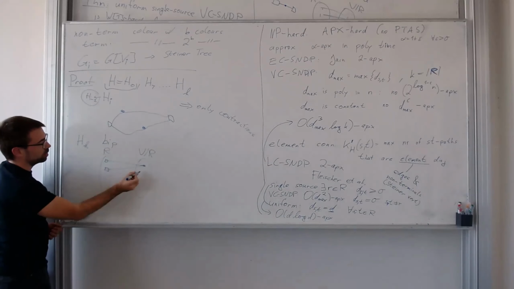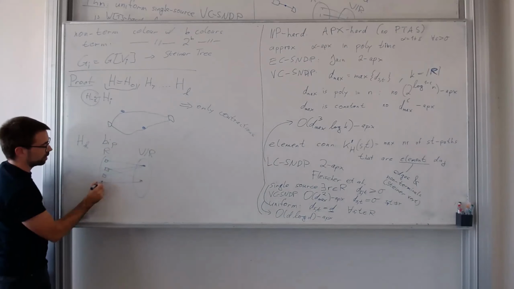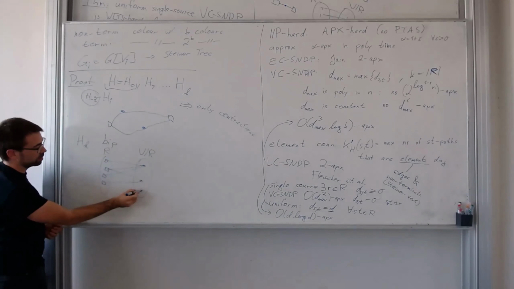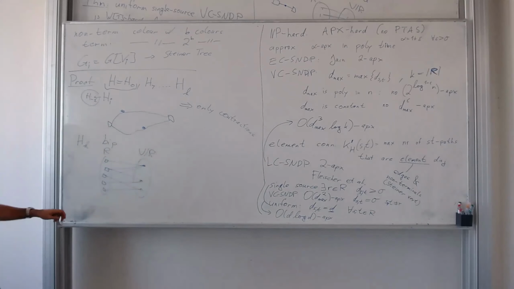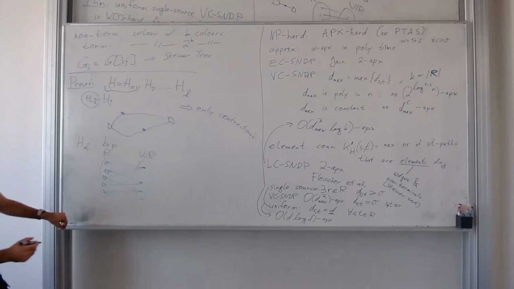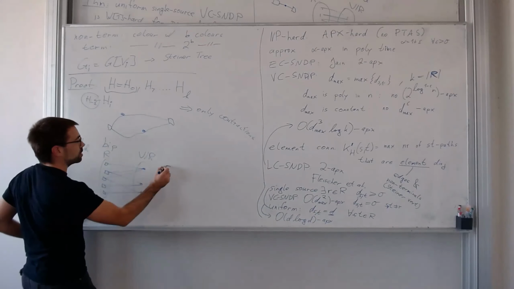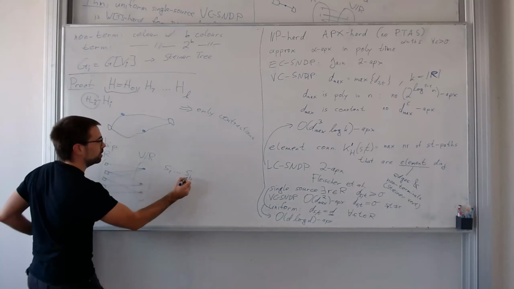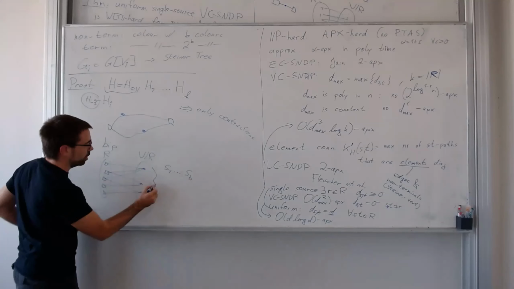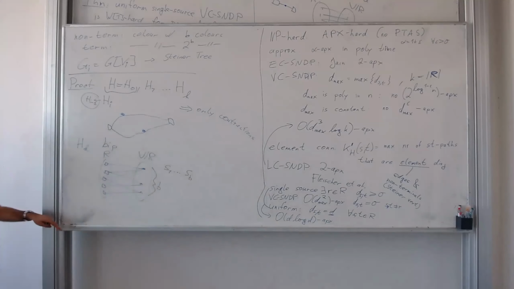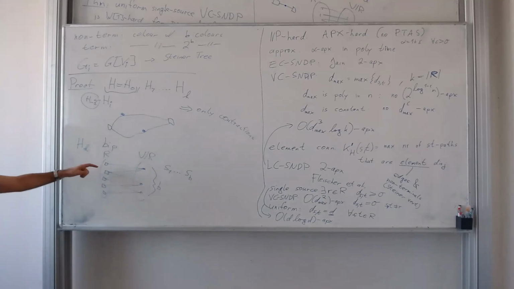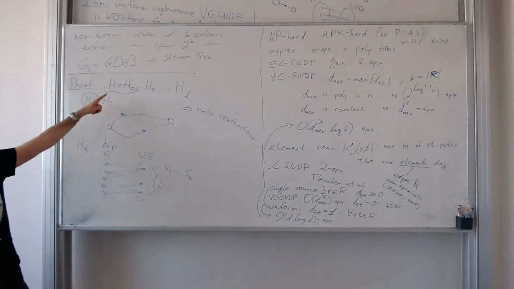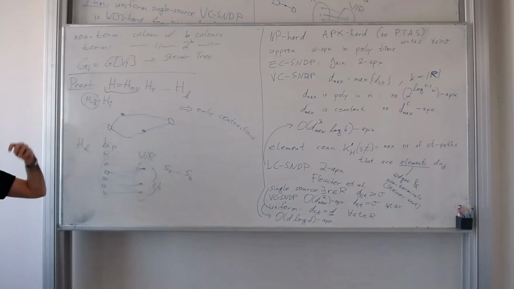The solution currently is a bunch of stars, which may intersect on the terminals. It looks something like this. Let's call these stars S1 up to SB, so we have B vertices here, and now let's go all the way back to H by uncontracting edges.